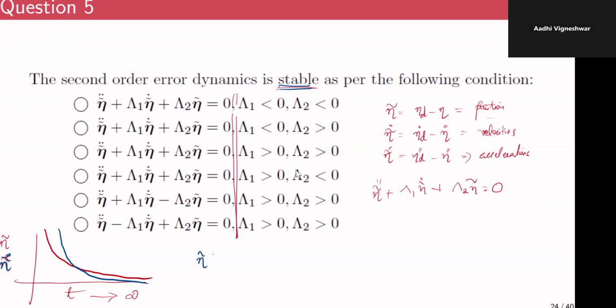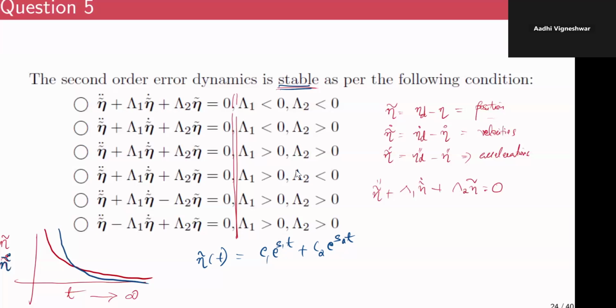Eta tilde of t would be c1 e raised to s1t plus c2 e raised to s2t, where c1 and c2 are some arbitrary constants, and s1 and s2 are dependent on the system parameters. S1 and S2 depend on lambda 1 and lambda 2, but C1 and C2 will only depend on the boundary conditions.